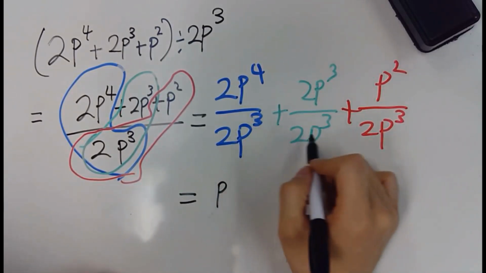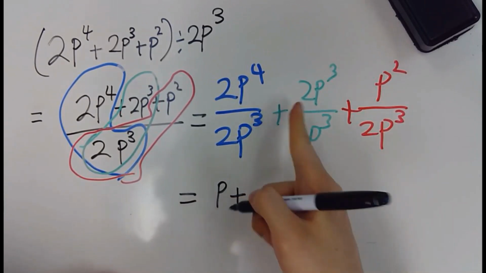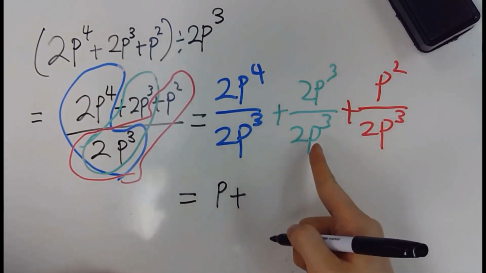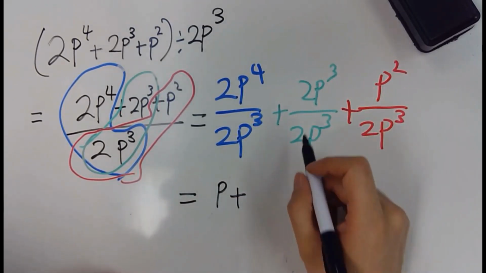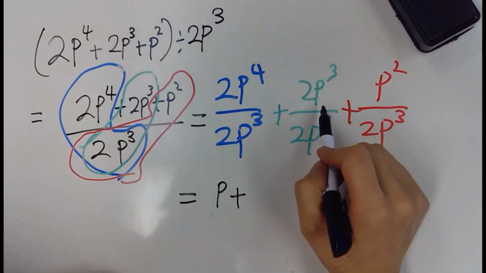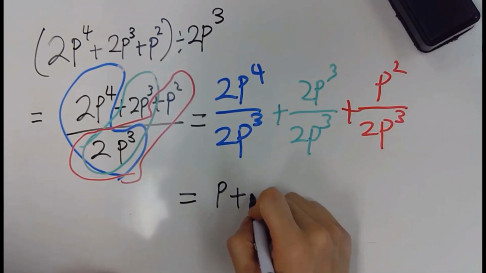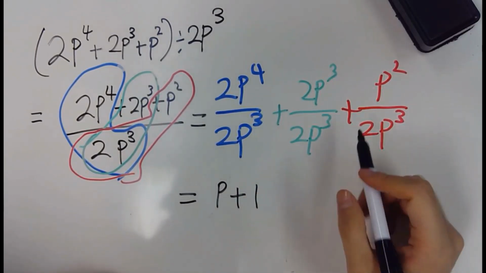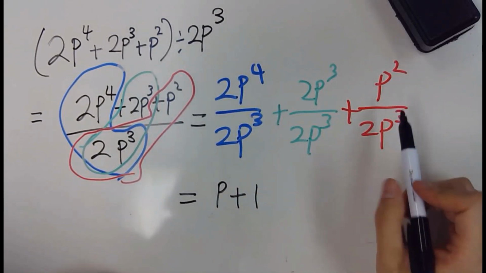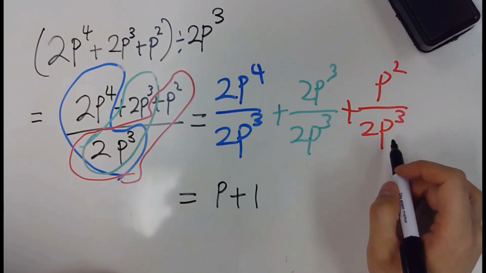The next question is 2p to the power of 3 divided by 2p to the power of 3. We're dividing a number by the same thing, so the answer is just simply going to be 1. And the next part is p squared divided by 2p cubed.